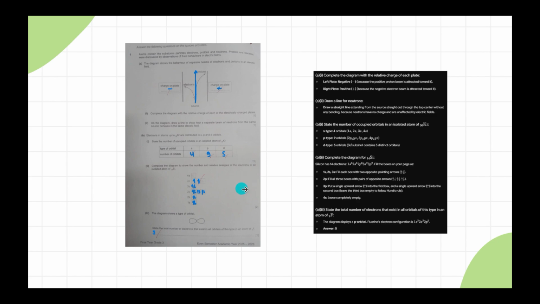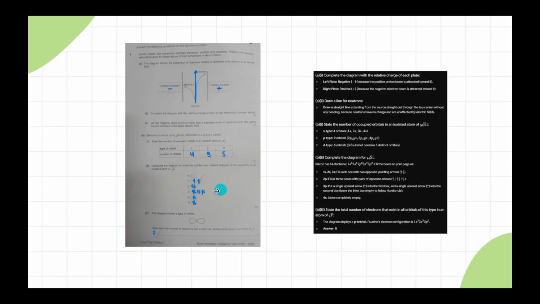For 3p, put a single upward arrow into the first box, a single upward arrow in the second box, and leave the third box empty, to follow Hund's rule. And 4s is left completely empty.